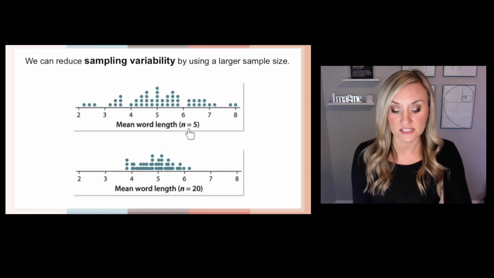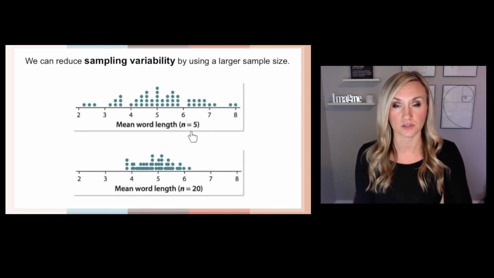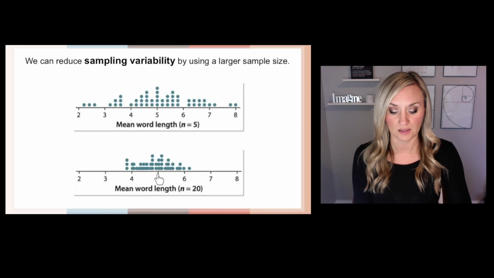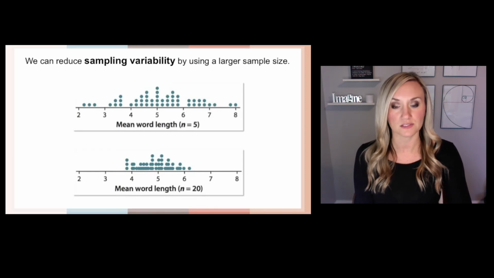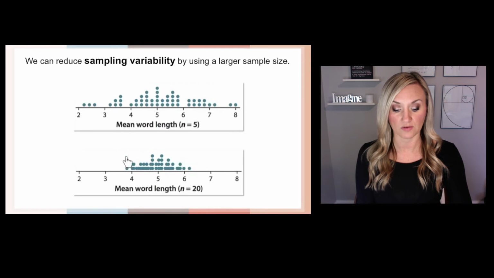Now, what if instead of 5 words, we increased it to 20? Then look what happens. Instead of 5 words and then finding the mean, we did 20 words and then found the mean. So this is each time that we found the mean length of 20 words.